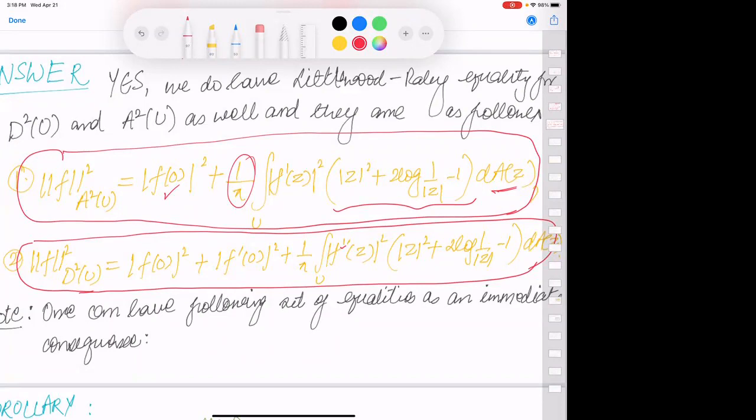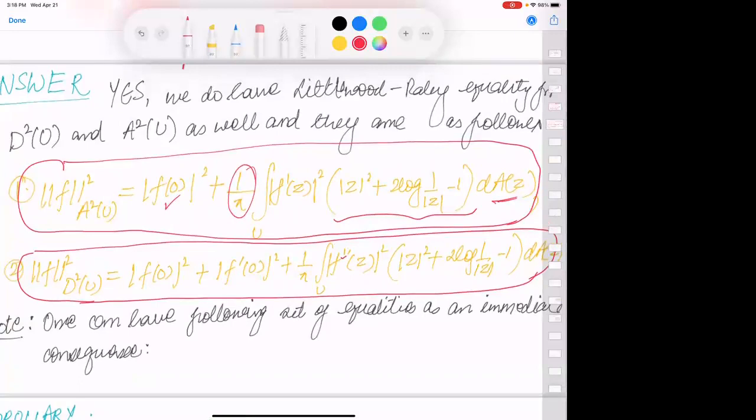When I saw these two equalities, I realized that it's quite important to notice this fact that this weight, which I'm encircling in blue, is present in both of the equalities.